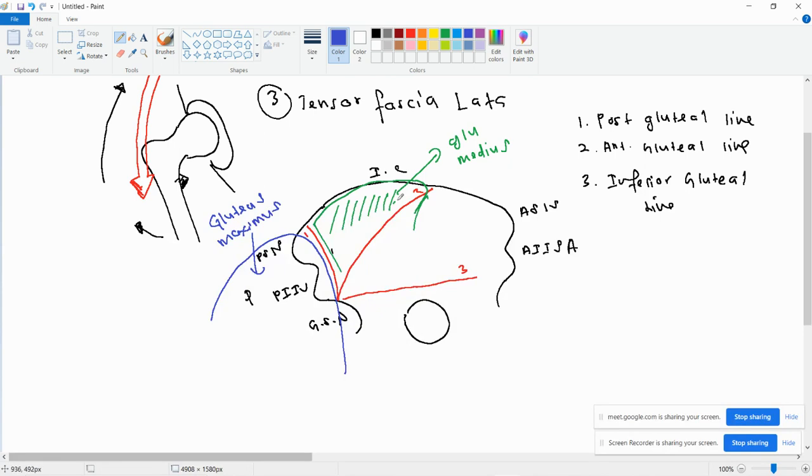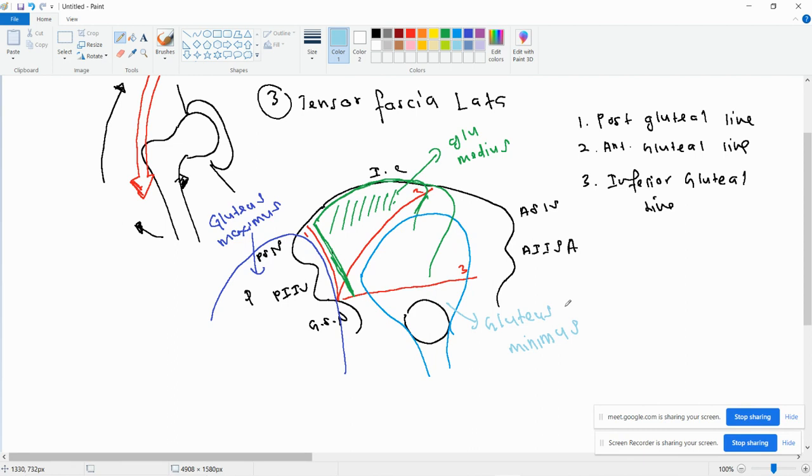And the last one is deep to the gluteus medius. Deep to the gluteus medius, you have another muscle which is attached in between the anterior gluteal line and the inferior gluteal line. This muscle sits in between these two lines. So you can imagine superficially you have the gluteus medius, big and superficial, and deep to it you have one small muscle which originates from the gluteal surface, more specifically in between the anterior gluteal line and the inferior gluteal line, and this muscle is known as the gluteus minimus.